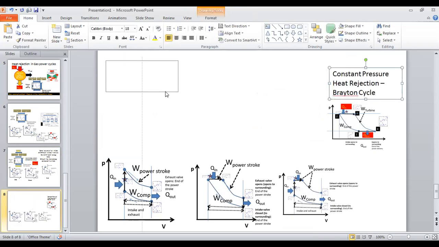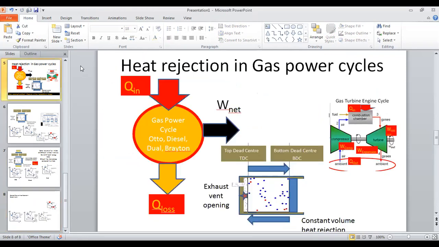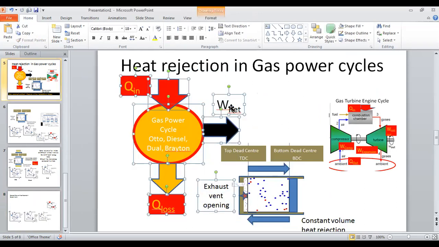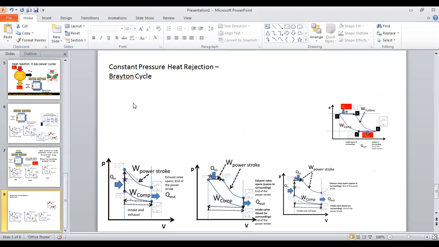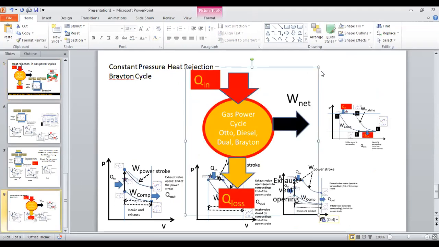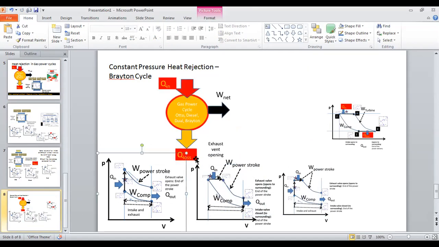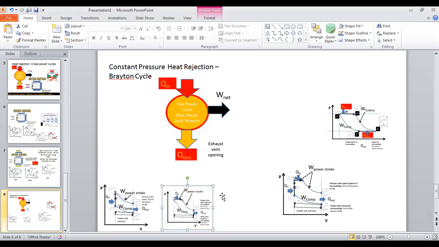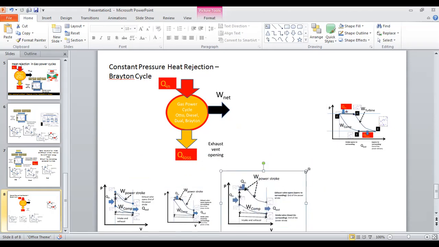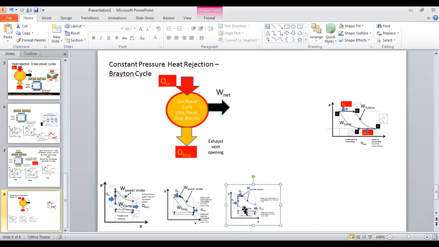Constant pressure heat rejection. Okay, the same applies. But in this case, not like this, because the pressure dominates, quite high pressures.